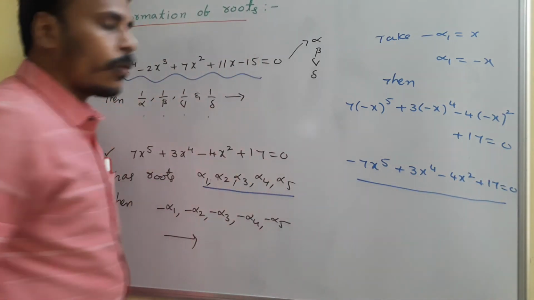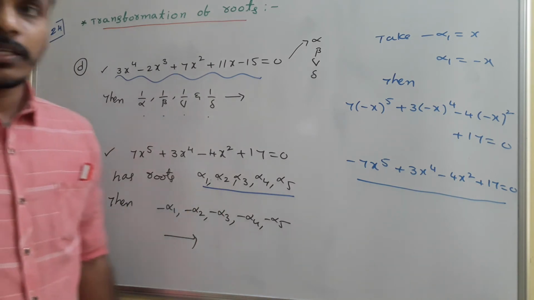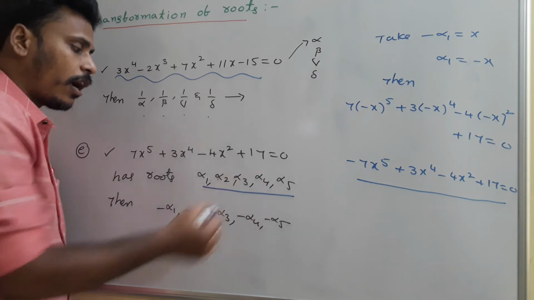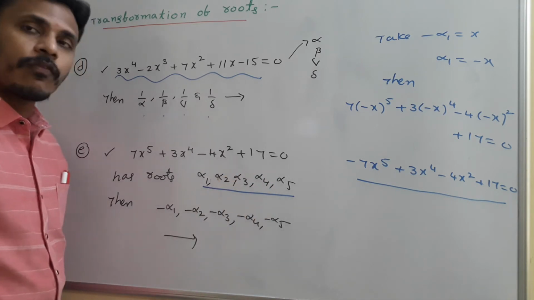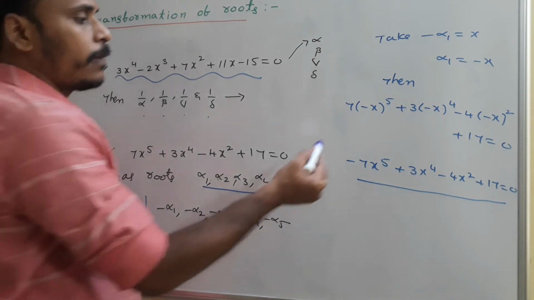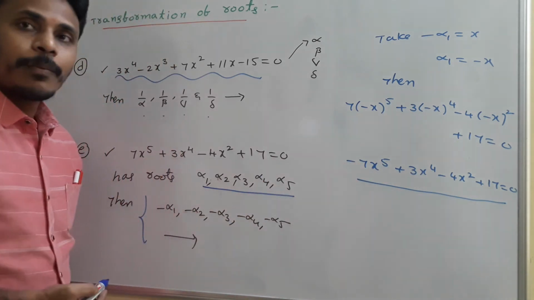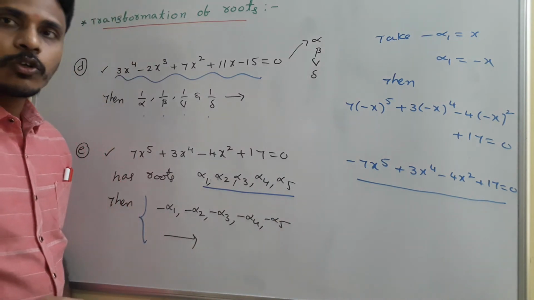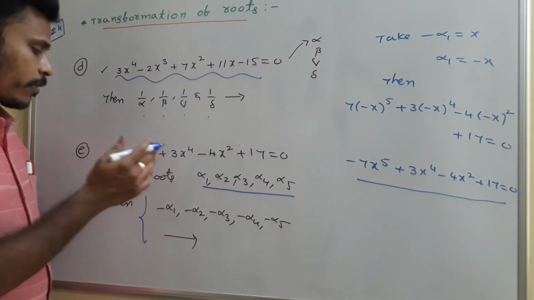This is the required equation. If you wish, just multiply with minus sign. That's up to you, okay? So if the given equation has roots alpha 1, alpha 2, alpha 3, alpha 4, alpha 5, then the equation having the negatives of these 5 as roots is simply minus 7x power 5 plus 3x power 4 minus 4x square plus 17 is equal to 0. Okay? Have a look.